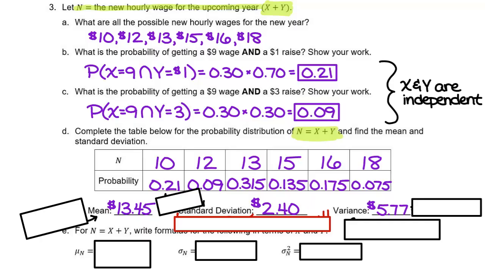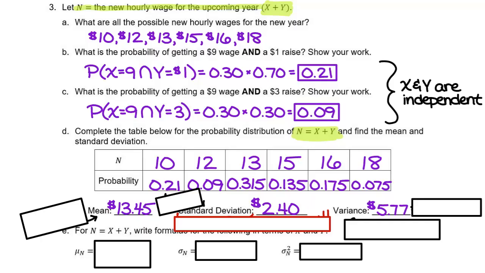Let's see if we can come up with a faster way of getting the mean and the standard deviation for this new random variable that does not involve all the possible outcomes and all of the probabilities. I want you guys to look at the mean and standard deviation for x and y.